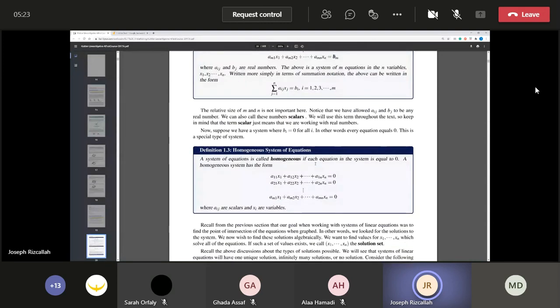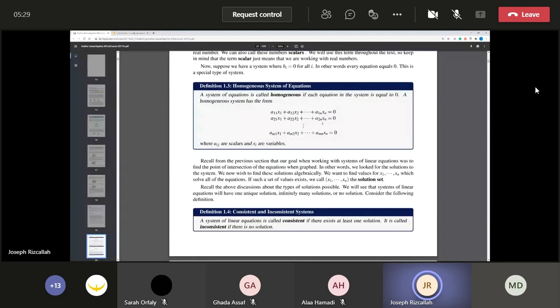Now, a homogeneous system, it turns out, always has at least one solution. So if you take a system like this one here, then it at least has one solution. Of course, it may have more than one solution, but we are sure that there is at least one solution, and this solution is just the zero solution.